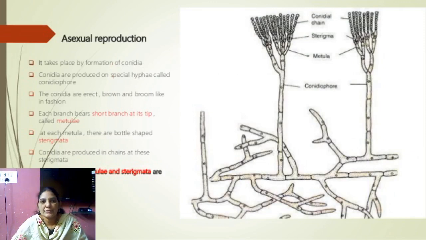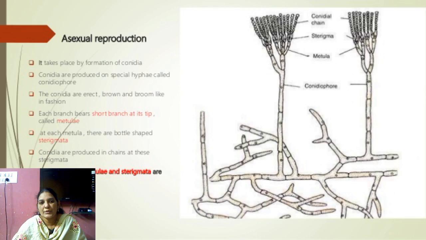Next, coming to the asexual reproduction. At the time of asexual reproduction, after complete formation of mycelium in the host cell, the mycelium produces conidiophores, the long elongated club shaped structures.